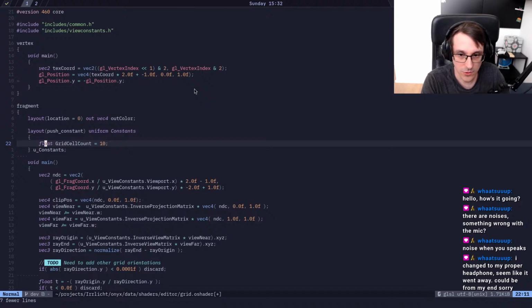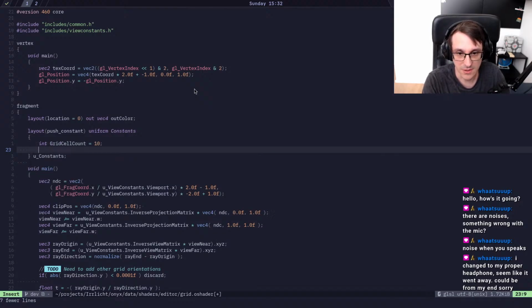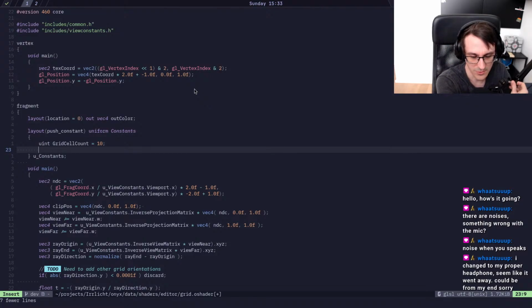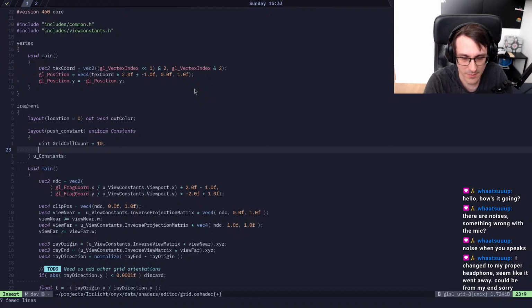And I think we would always need this to be an int, and it technically can't be negative, so let's do a uint. I guess we could even save space, but I'm not sure if I can have push constants that are a uint8, for example. So let's not do that.